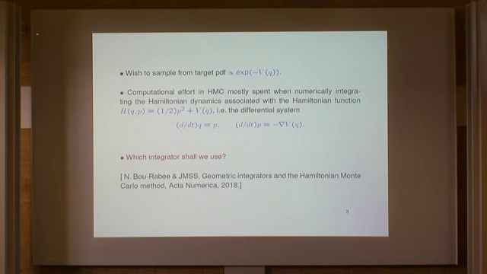For my talk, it's very important to realize that this Hamiltonian Monte Carlo method is used a lot. It's an expensive computation, but maybe 99% of the expense of this computation is in integrating a system that should be well known to the audience, this system of Hamiltonian differential equations.